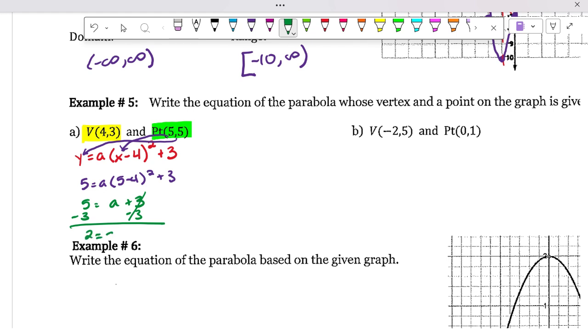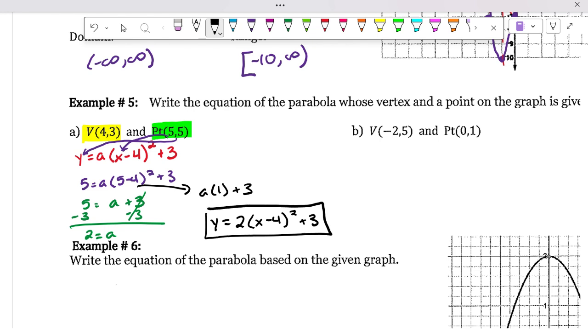So 2 is equal to A. Because what this will look like is A times 1 plus 3, and by order of operations, you do the multiplication first. So if I rewrite my function with my A value, you have y is equal to 2 times x minus 4 squared plus 3. And we don't have to do any other simplifying besides that because I want it in vertex form.